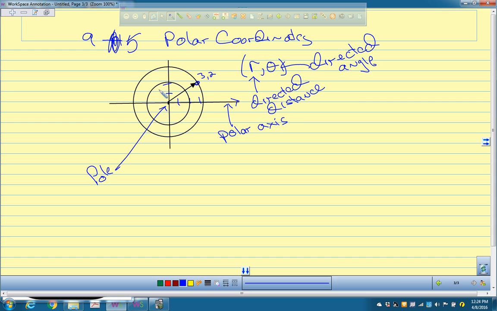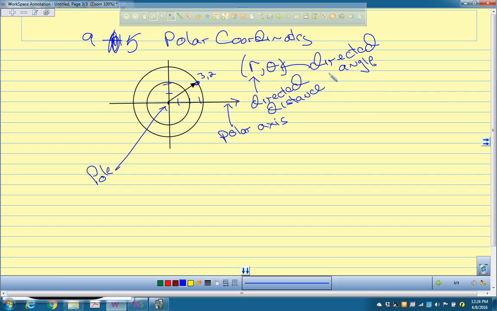Unlike an xy coordinate, you could have infinitely many ways to get to this point. I could have gone out 3 and rotated in that direction, or gone back 3, or gone out so far and rotated through that direction.